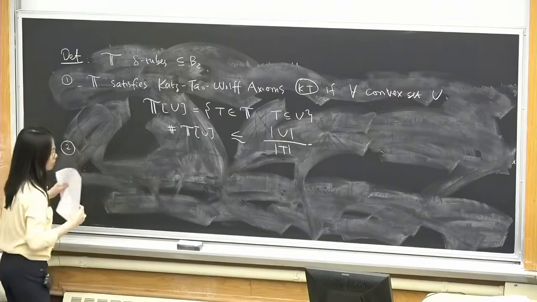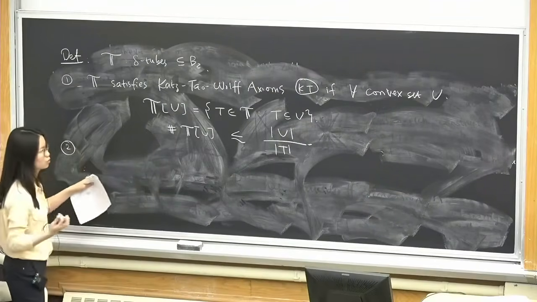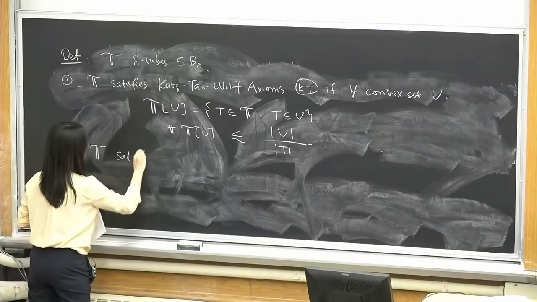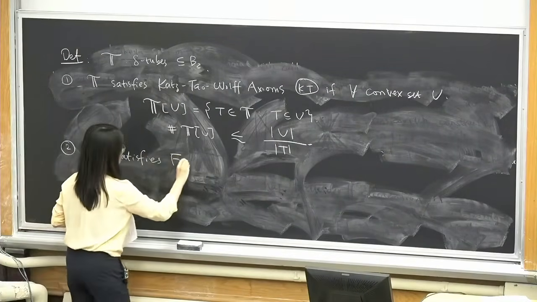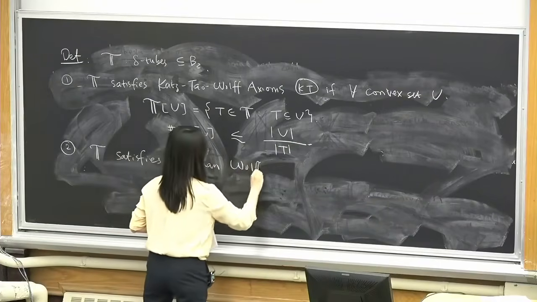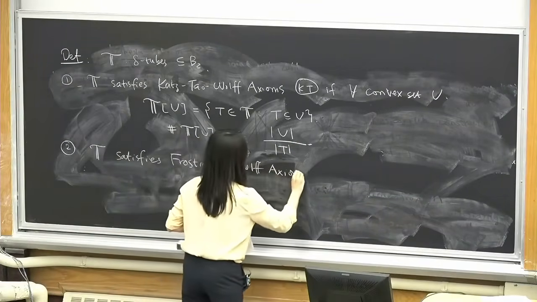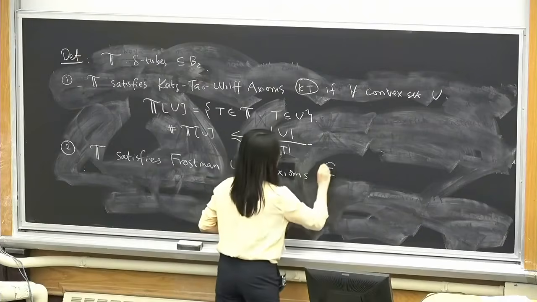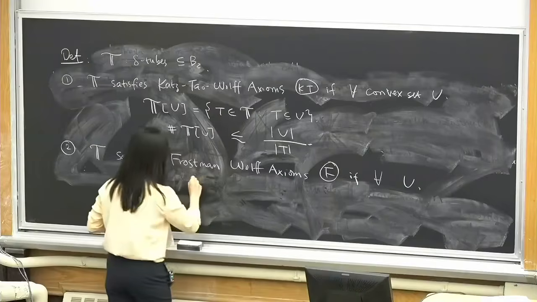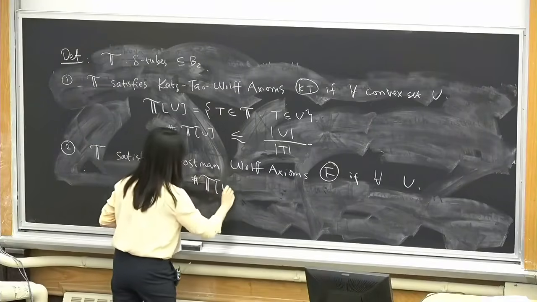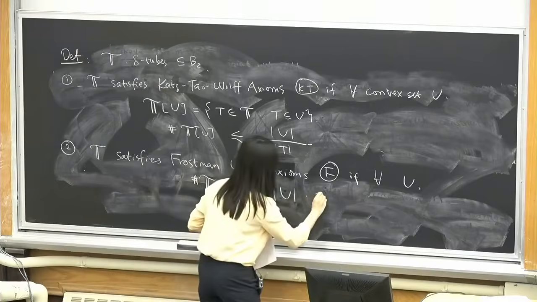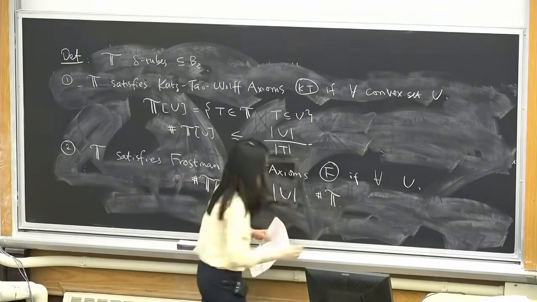And there is a sort of dual definition. We say that T satisfies the Frostman-Wolf axiom if, again, for any convex set U, the number of tubes contained in U is less than the volume of U times the total number of tubes.